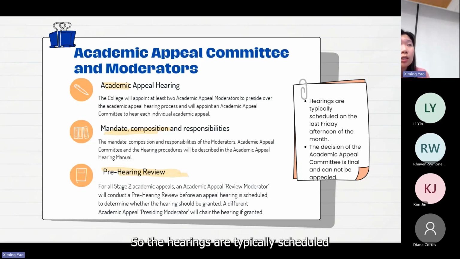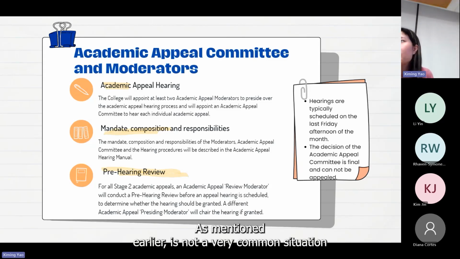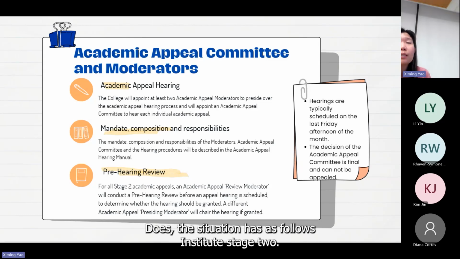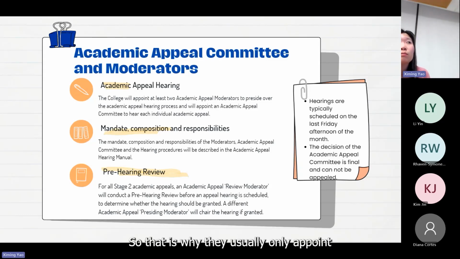The hearings are typically scheduled on the last Friday afternoon of the month. As mentioned earlier, it's not a very common situation. It's only in very rare situations that a case is escalated to stage 2, so that is why they usually only appoint 1 date to host the hearings per month.